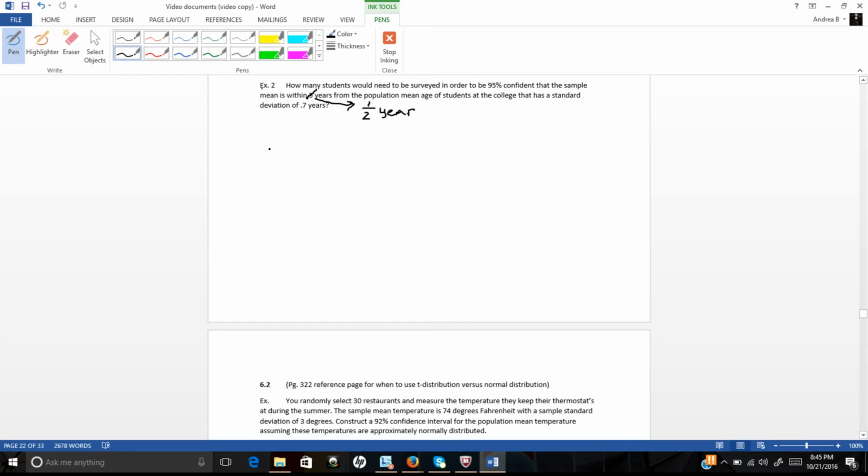So that way we get a value for n that's more than 1 here. And the formula that we use here to estimate what our n would have to be for the sample size is this one here. So we still use the z sub c, the value that you can look up in the table, times your standard deviation over the margin of error, and then you square all of that.